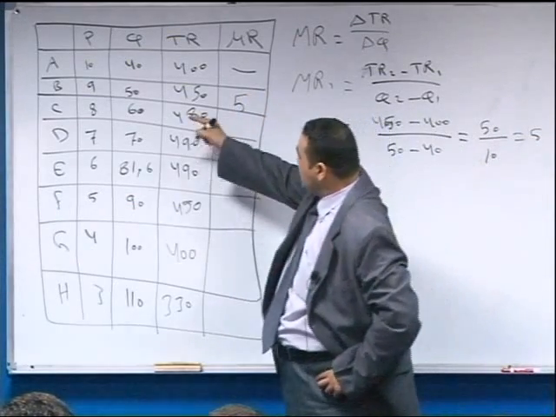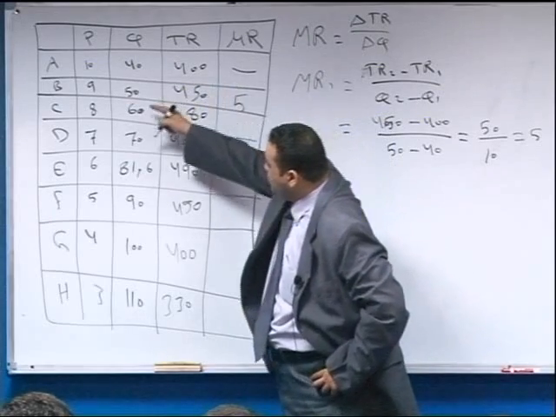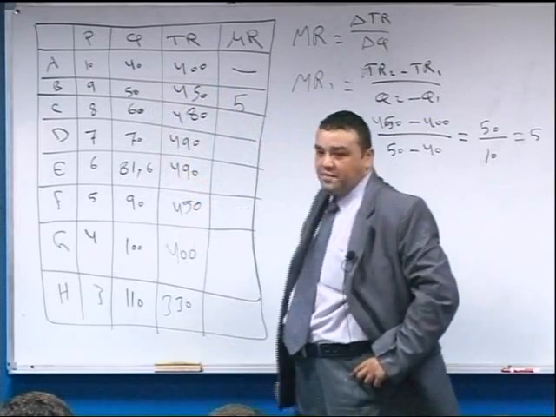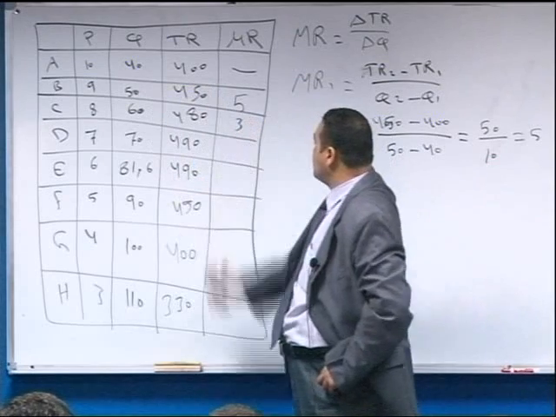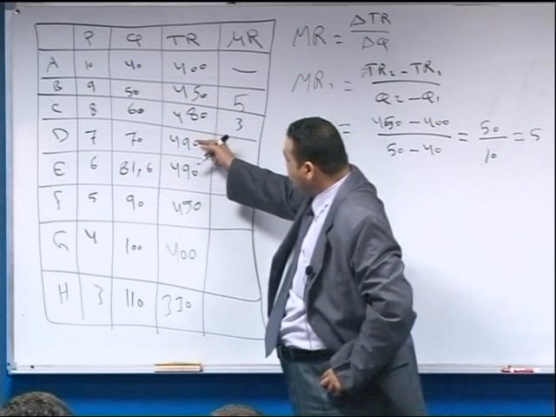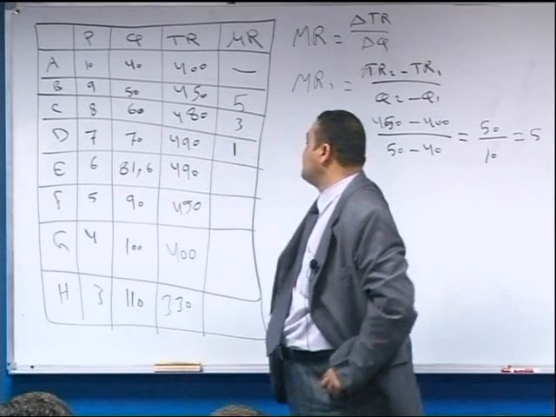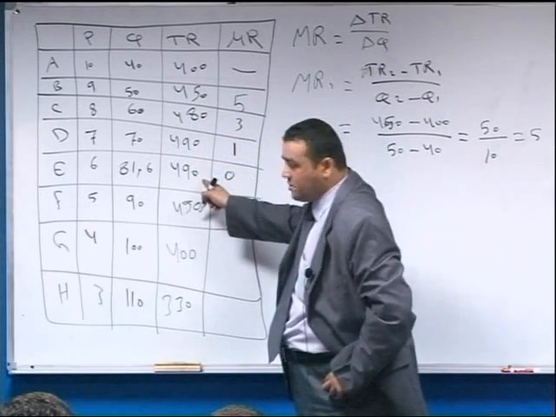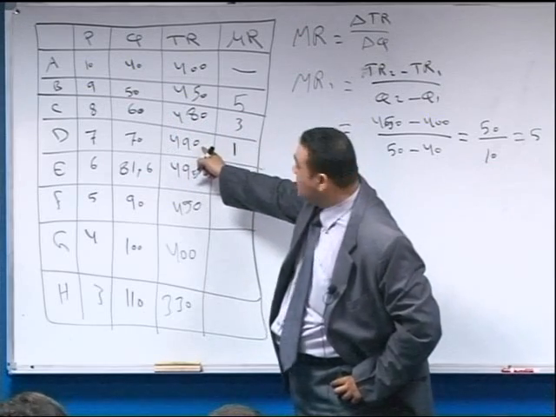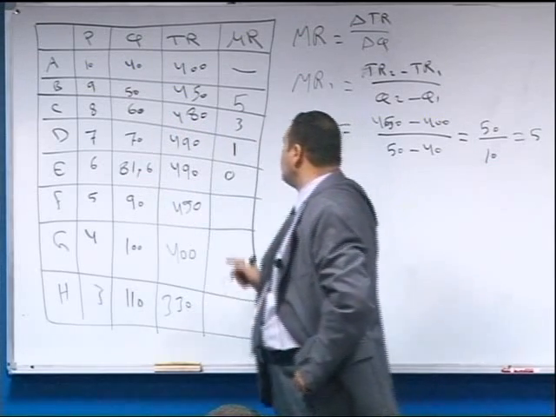The second case, TR2 minus TR1 over Q2 minus Q1: 490 minus 480 over 10, 1. Then 490 minus 490 over... 0.